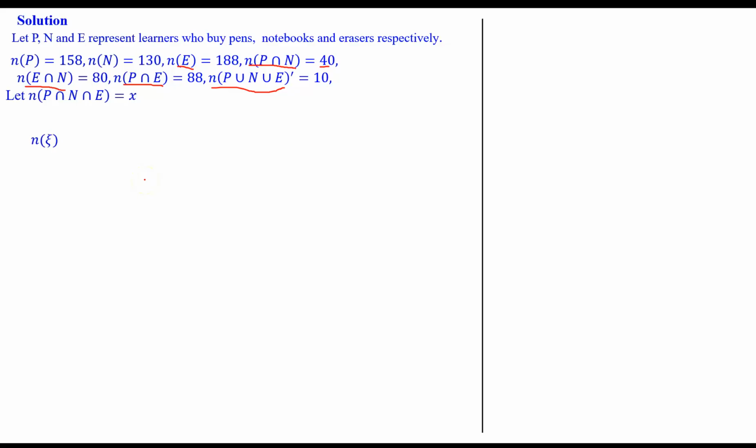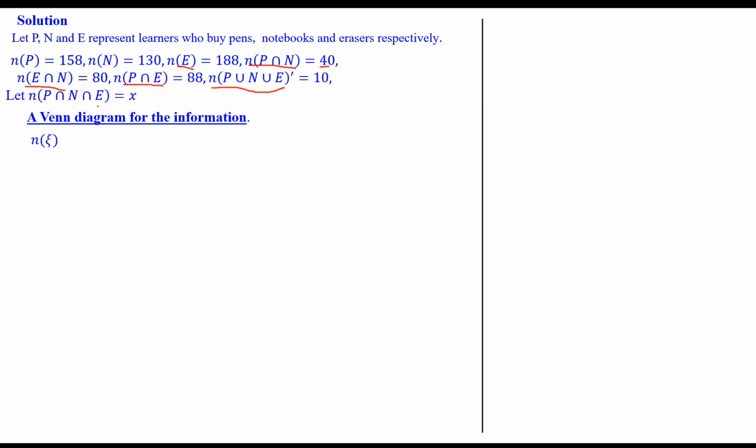Since on a Venn diagram we fill in starting from the innermost region, we shall first let x be the number of learners who buy all the 3 items, and then we proceed to the Venn diagram. I told you in this item, or under this theme, you are supposed to write a title because it is always scored.